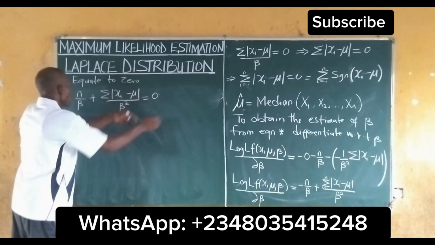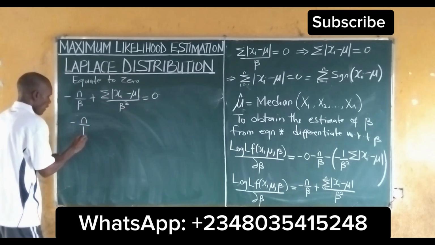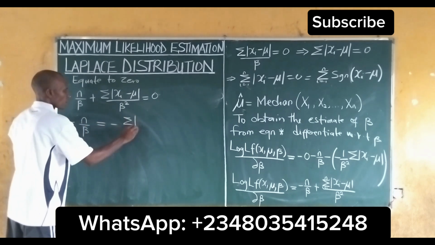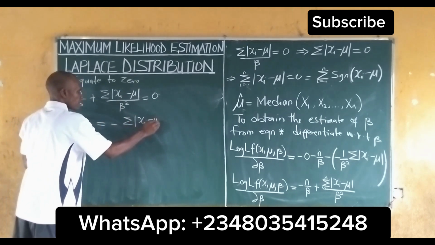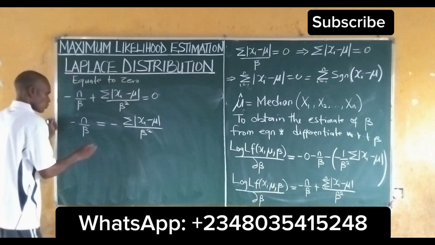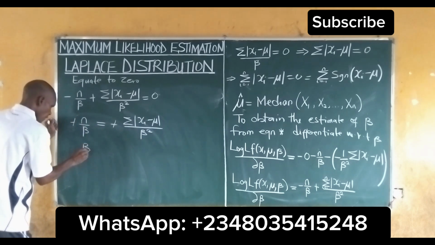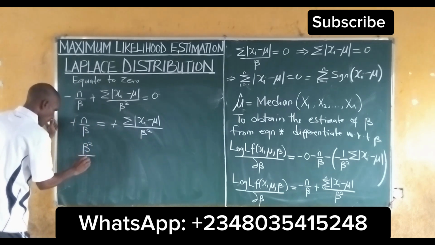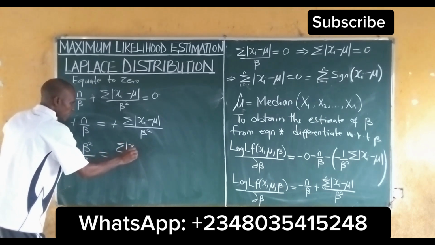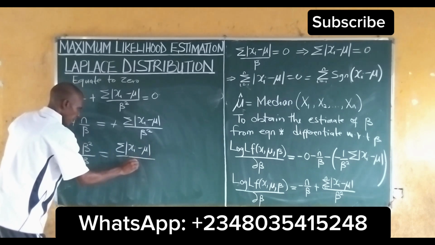zero. Of course, this can move over to the other side to give us negative n all over beta to be equal to negative summation of xi minus mu all over beta squared. So this can cancel this. This will come over here to give us beta squared all over beta to be equal to summation of xi minus mu all over n.